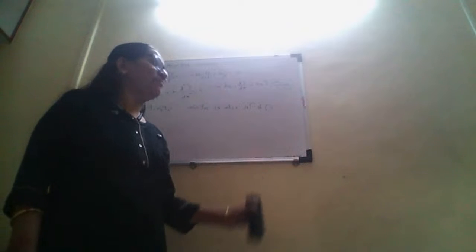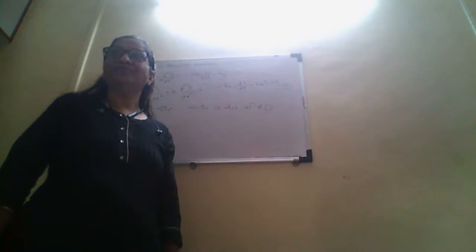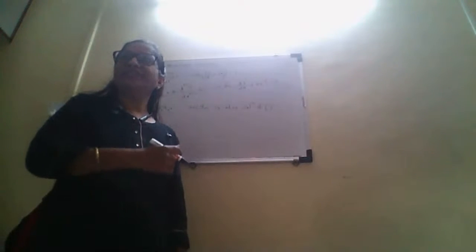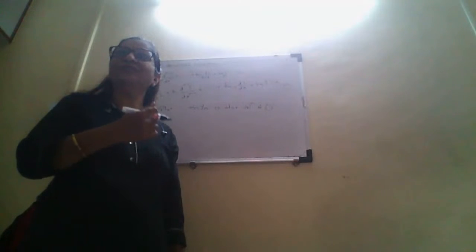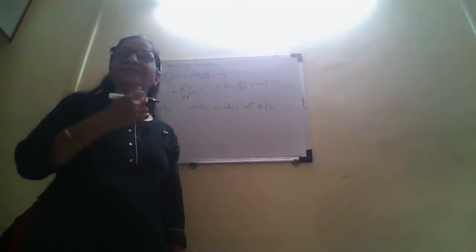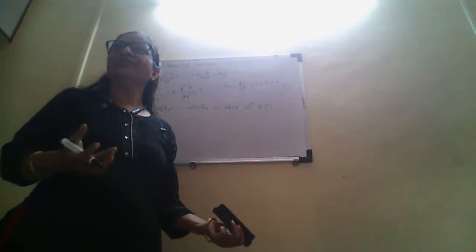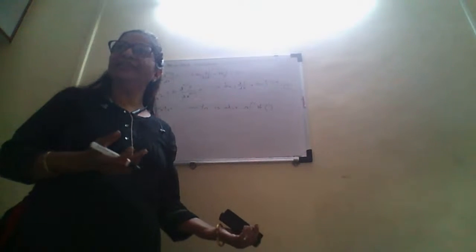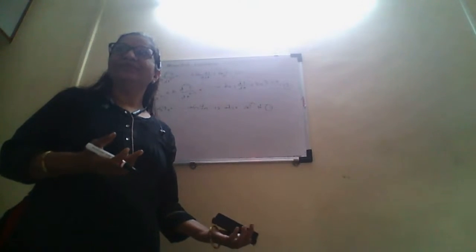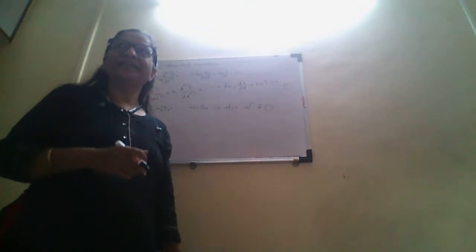Okay. And this type of solution is called the general solution. Okay. So it is a general solution for a homogeneous linear differential equation. But if the differential equation is not homogeneous, in that case, is it possible? No. So we'll discuss it separately.